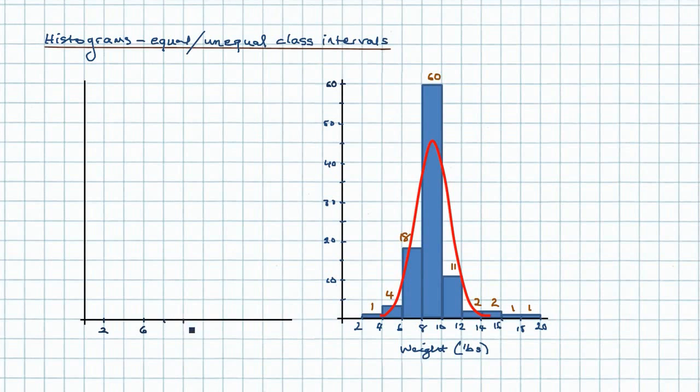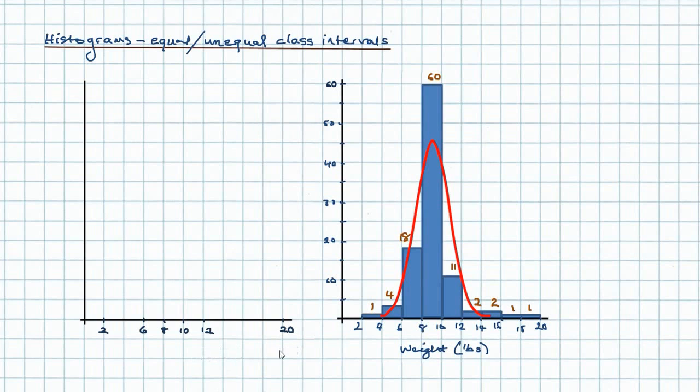We'll keep the classes 6 to 8, 8 to 10, 10 to 12 the same, but again we're going to join together these intervals. So we're told that there are 6 cats that weigh between 12 and 20 pounds. What we've got now is bins, or class intervals, that are not of equal width.